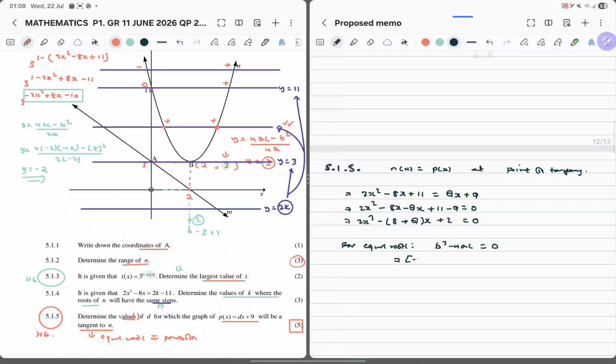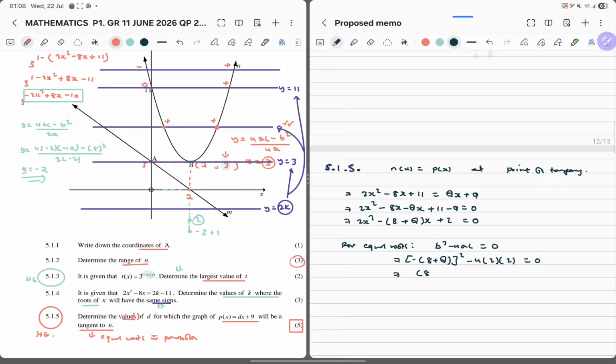Minus this thing, 8 plus d, all squared, minus 4 into 2, equal to 0.